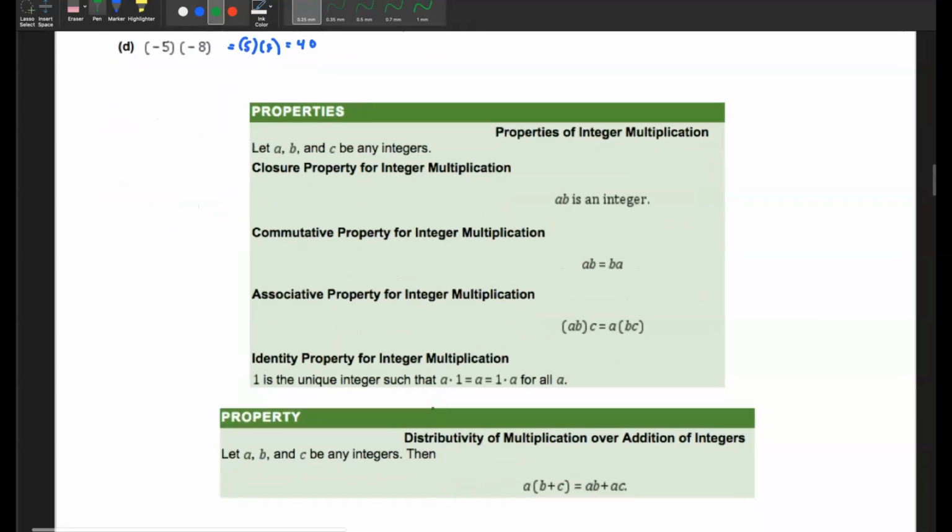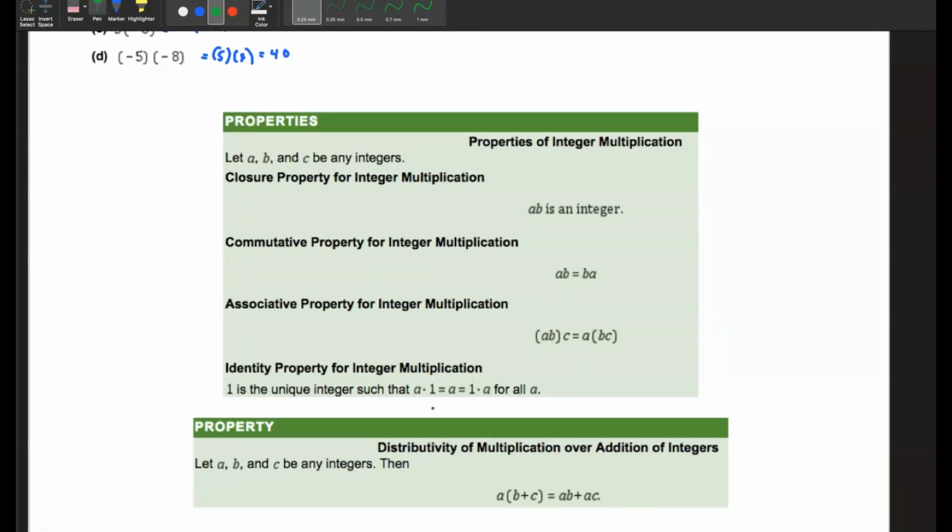And just like we've been doing, there are properties of this operation with integers. The closure property: an integer times an integer is an integer. Commutative properties. Hopefully you're appreciative of these rules, which are not trivial, not just simple ideas. Now you understand it, but as children are learning these things, this is something that is discovered or questions are asked about.